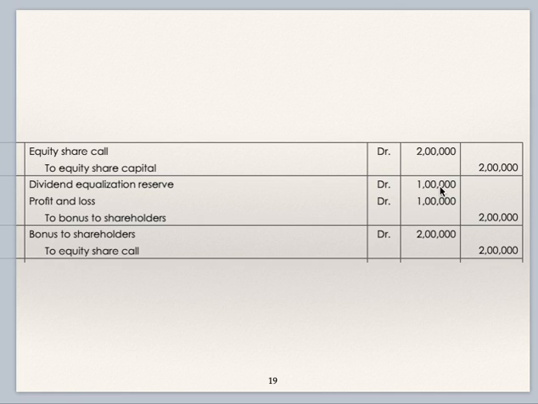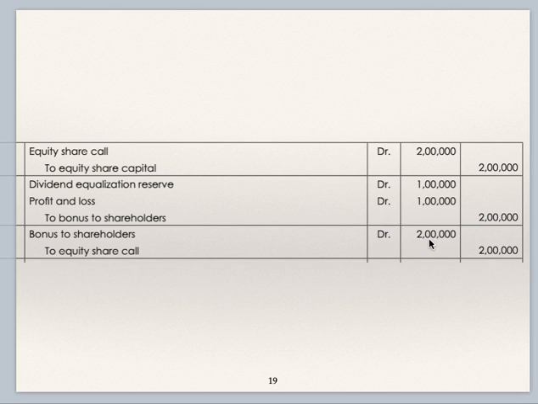Partly paid shareholders are also entitled to get equivalent bonus, which is 50% of the amount paid by them. So this bonus is from accumulated profits, dividend equalization reserve and profit and loss account. So bonus to equity shareholders, 1 debit, 1 credit. Equity call, 1 debit, 1 credit.